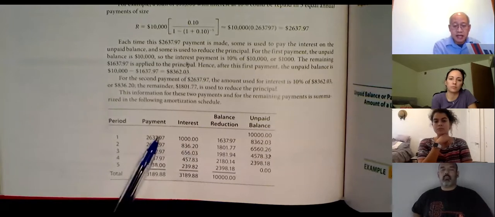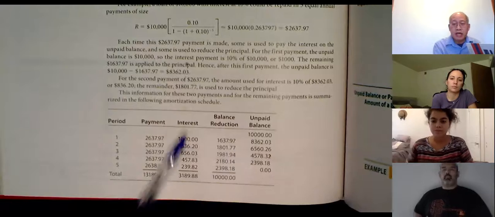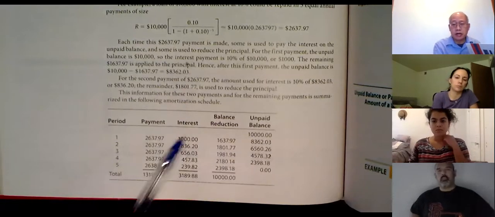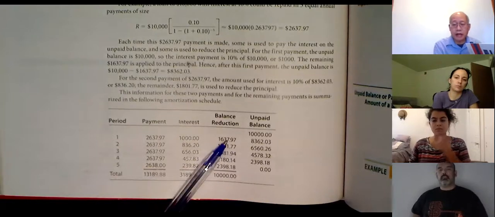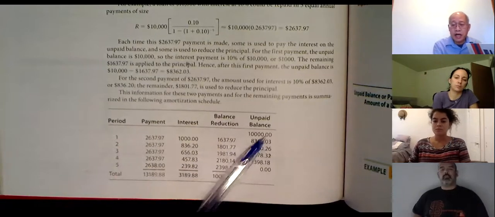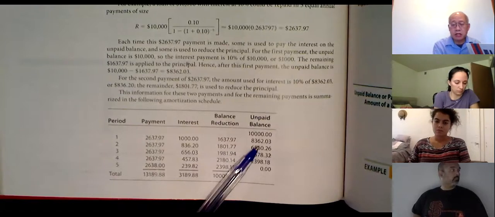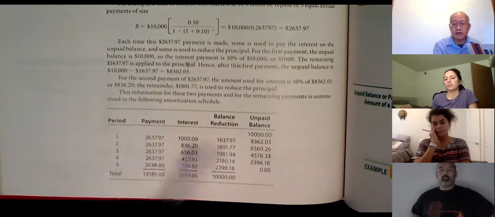How do I get the interest? You take the unpaid balance times the interest rate, which is 10%. So 10% of 10,000 is 1,000. The payment minus interest is the amount that you get to subtract off the balance. So 10,000 minus 1,637.97 comes out to be 8362.03. Notice I could not subtract the whole thing because first I have to pay off the interest.